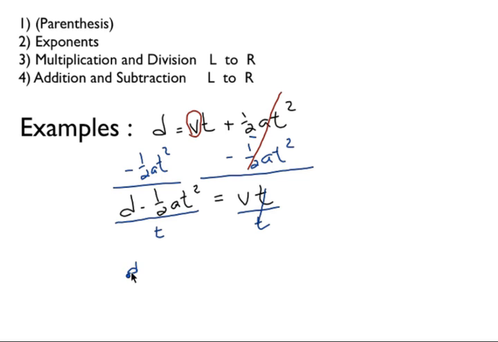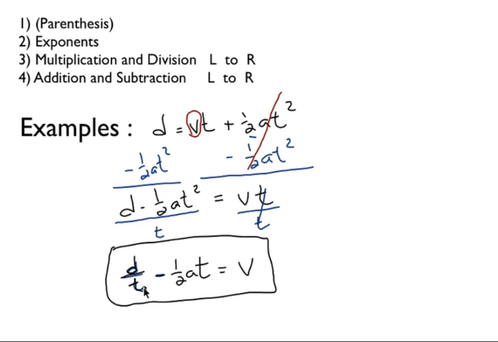So we have d divided by t minus the 1/2 a, but now t squared divided by t, so one of those t's goes away and we're left with 1/2 at is equal to v, and that is our final answer.